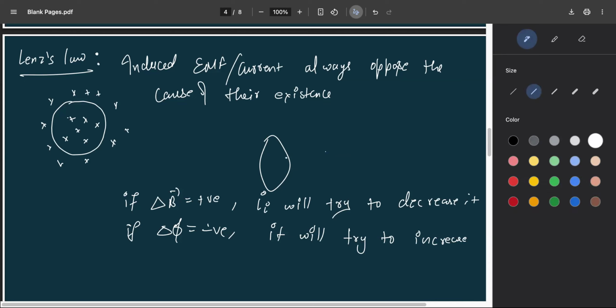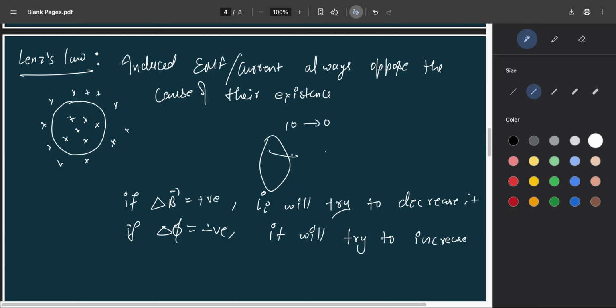My magnetic field here is going to change from 10 to 0. The change in flux is going to induce some EMF, but it is induced in such a way as to oppose your change in flux, right?